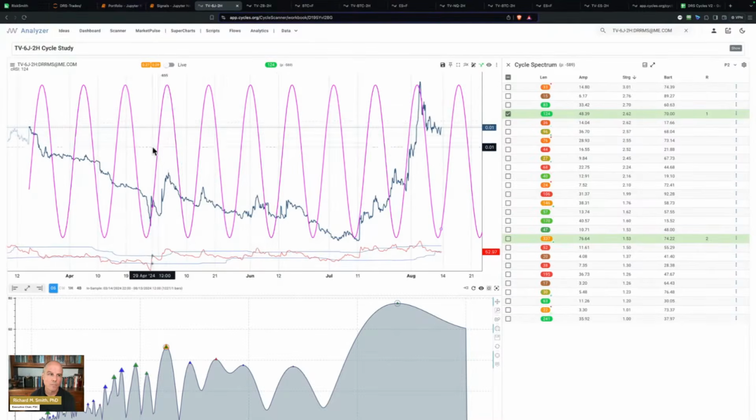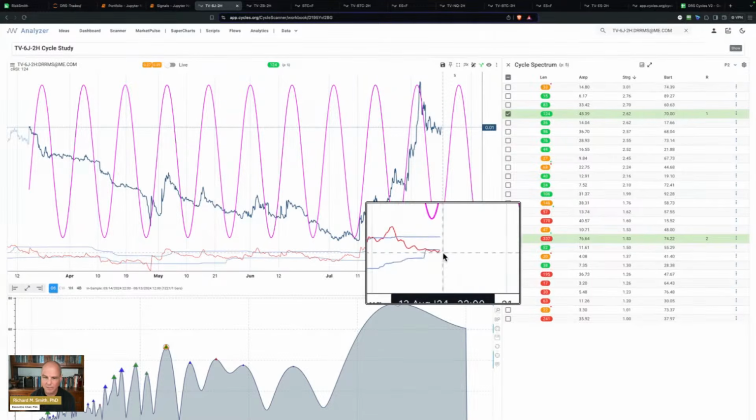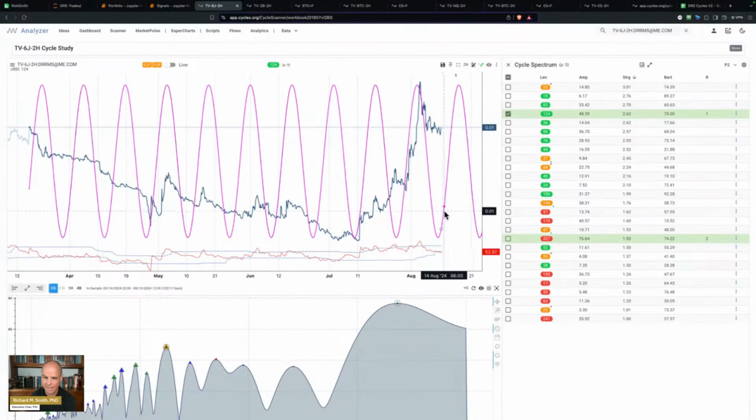So cycle number one cycle is 124. Looks like it's bottoming. And it's a little hard to see, but we've got momentum turning up a little bit. Not decisive, but maybe. Not bad.